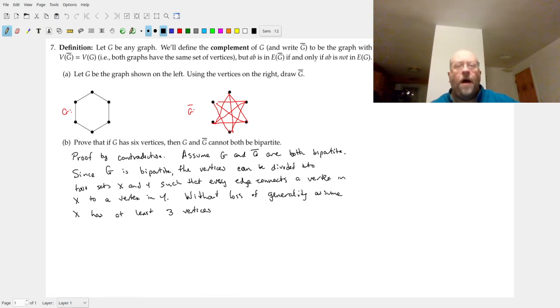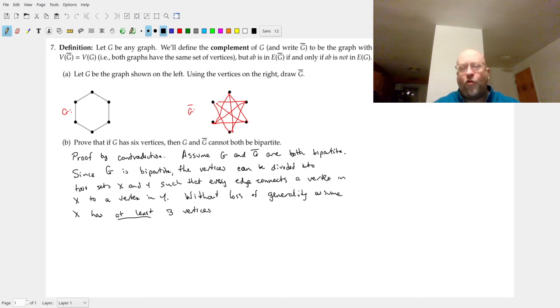When I say without loss of generality, I know that one of the sets, X or Y, will have at least 3 vertices. And if the other set, Y, has 3 vertices, the proof is going to be exactly the same. We just have to do it for Y instead of for X. And so the logic of the proof doesn't change if it's the case that Y has 3 vertices. So X has at least 3 vertices.